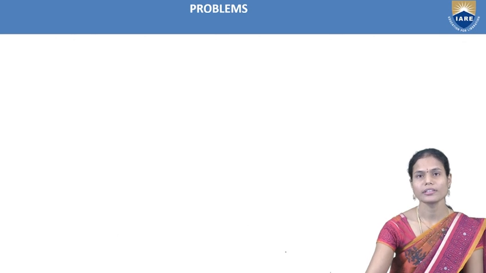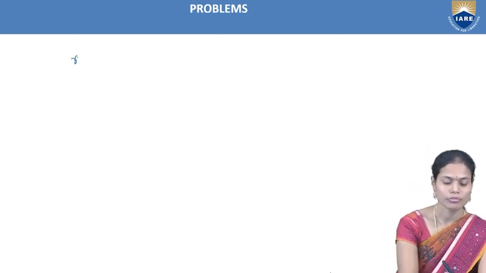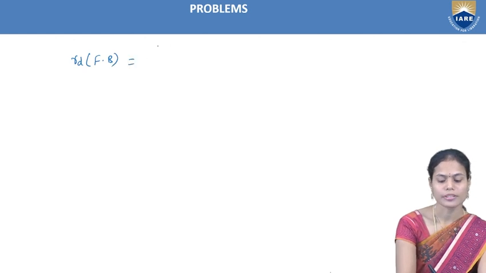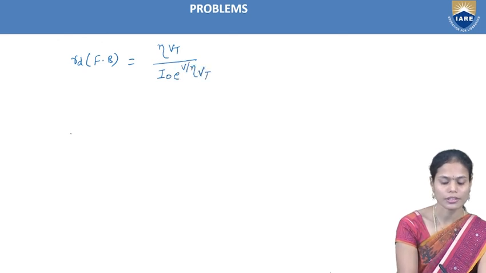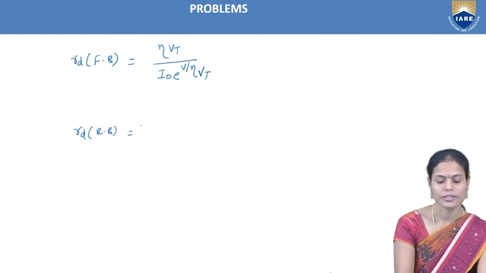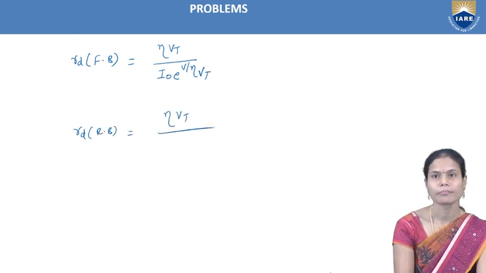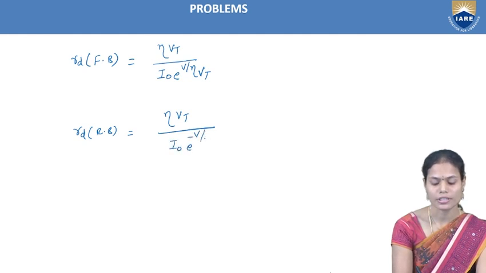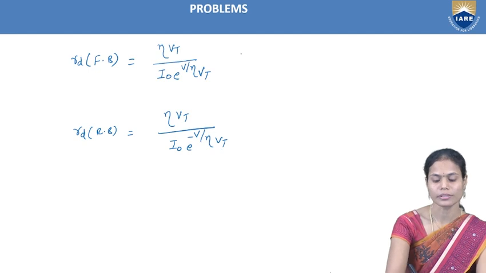So after finding the current value, to find the dynamic resistance in the forward bias condition, that is eta Vt by I naught e power V by eta Vt. And similarly, to find the dynamic resistance in the reverse bias condition, that is eta Vt by I naught e power minus V divided by eta Vt.